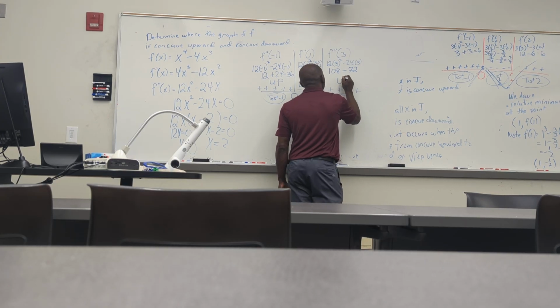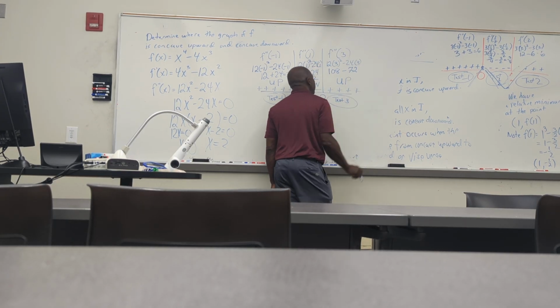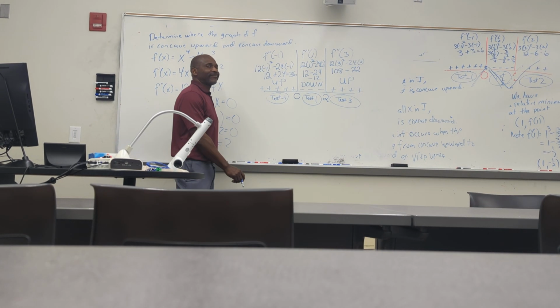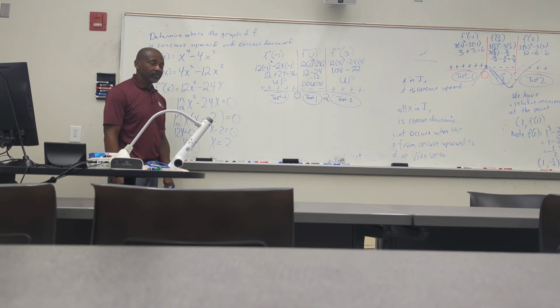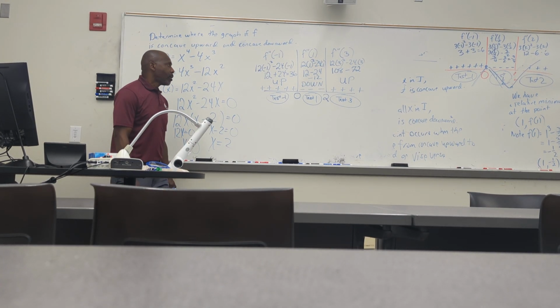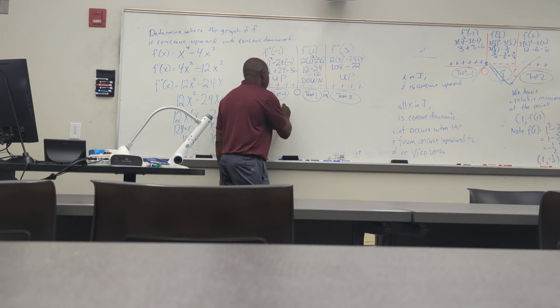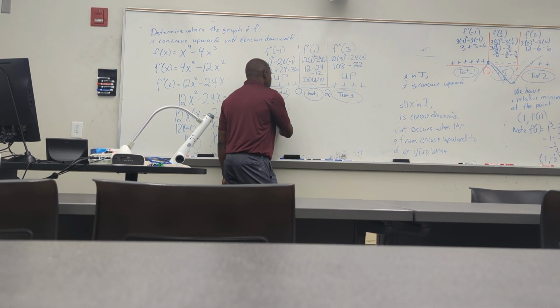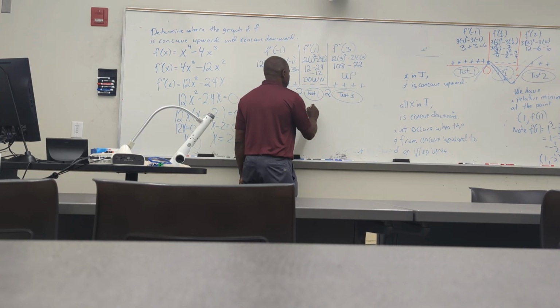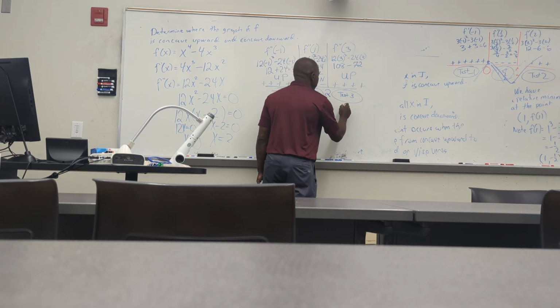Positive. So here the graph is concave up. We good? So all I know is this part of the graph is bent like this. This part is bent up here, this is bent down, and this is bent up.